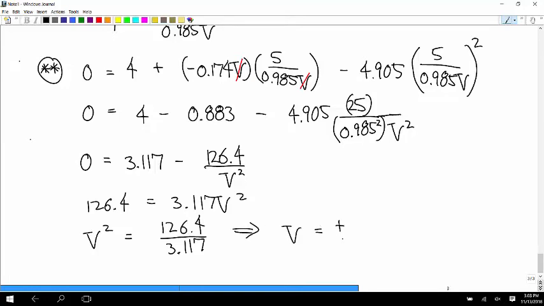You take the square root of that and you get plus or minus, hopefully 6 point something, because I think I remember that.